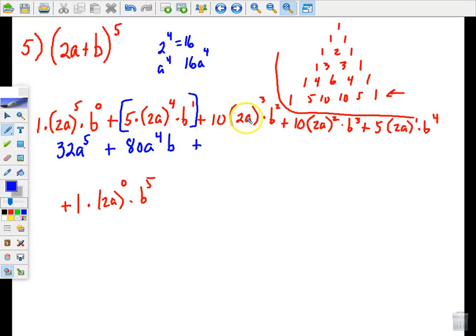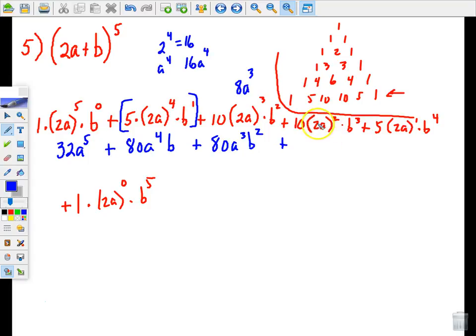All right, now let's simplify 2a raised to the third. Well, that should be 8a cubed. And now we can multiply 8 times 10 and get 80a cubed b squared.